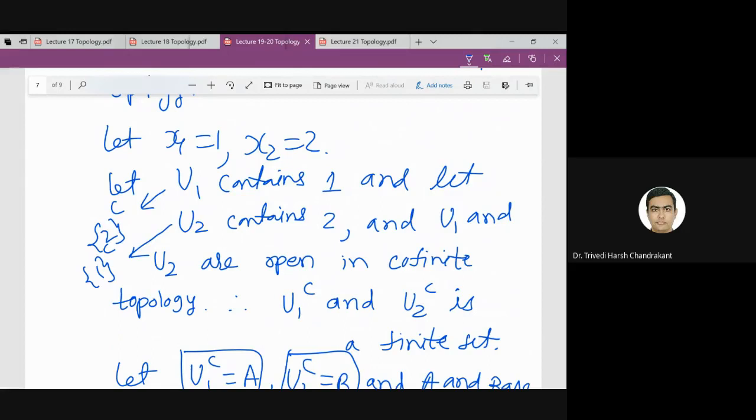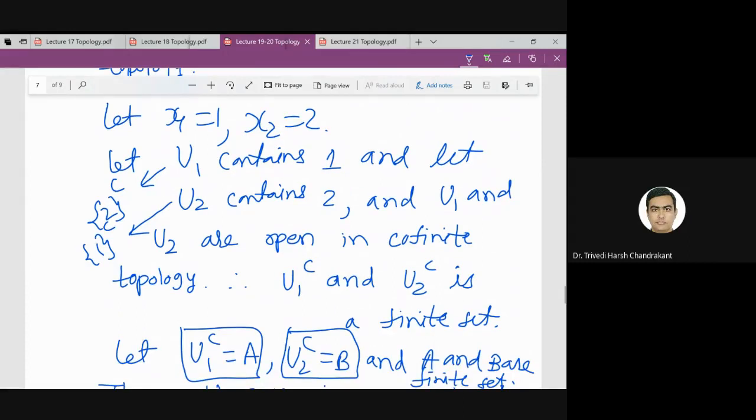So this is a specific choice of U1 and U2. You can also take, for example, the complement of {2, 3} as U1. Right? Okay.